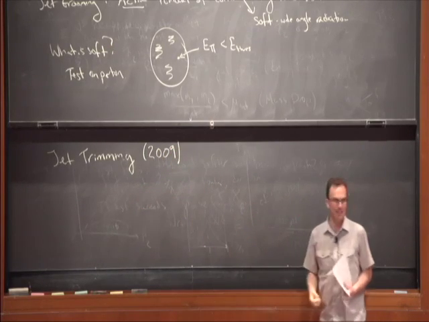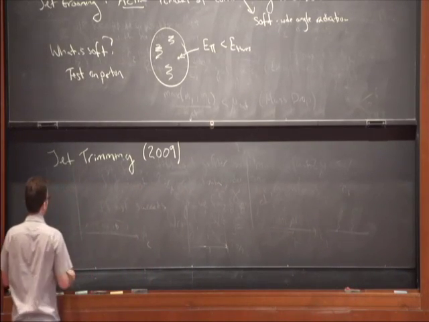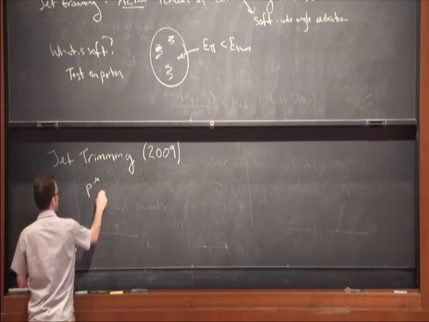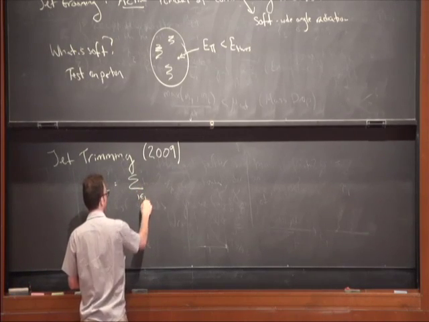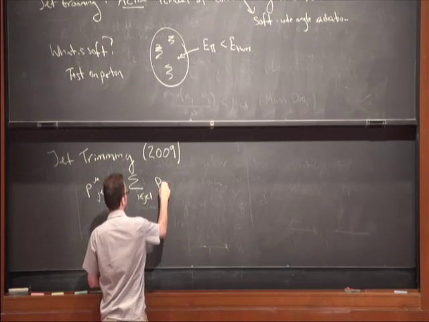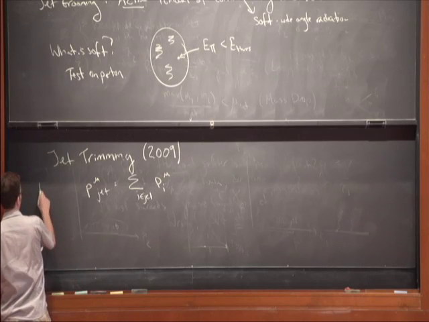So what jet trimming says is, okay, I want to do a test for softness, and I want to take an original jet. My original 4-vector of my jet is built up over all the particles within my jet of the 4 vectors of the individual particles. So this is the regular jet.